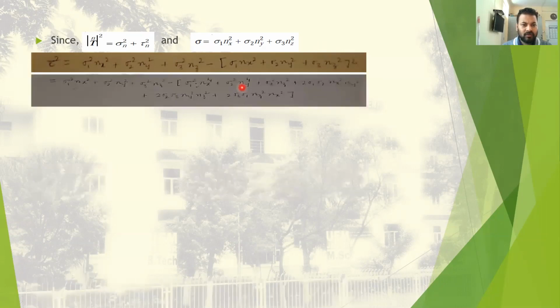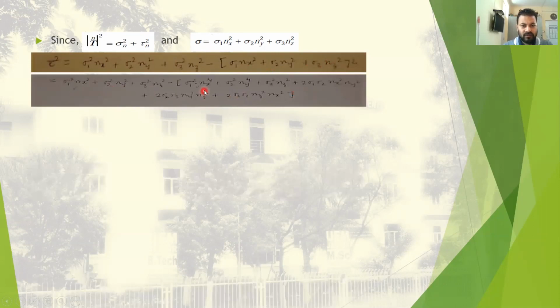So we can expand it by using the formula a plus b plus c whole square, that is a square plus b square plus c square plus 2ab plus 2bc plus 2ca. By doing so, we can get a result similar to this. This is kept untouched and this has been expanded by using the basic formula.